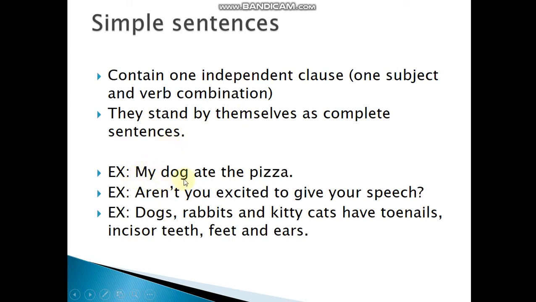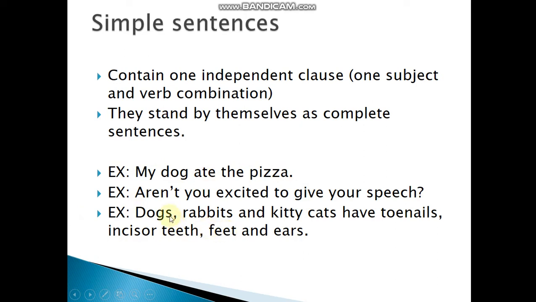Examples: My dog ate the pizza. Aren't you excited to give your speech? Dogs, rabbits, and kitty cats have nails, incisor teeth, feet, and ears. So these are examples of simple sentences.